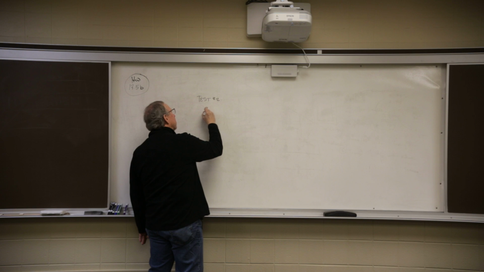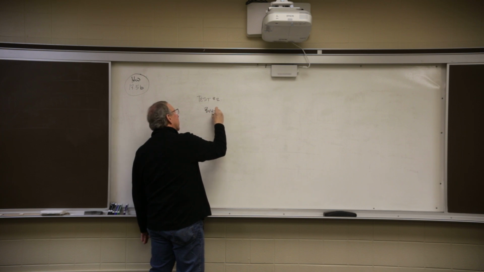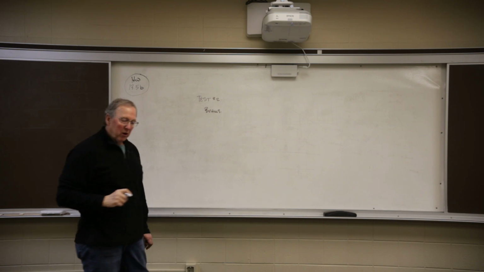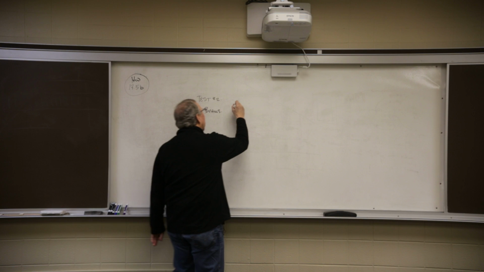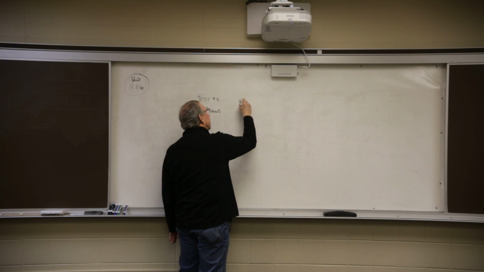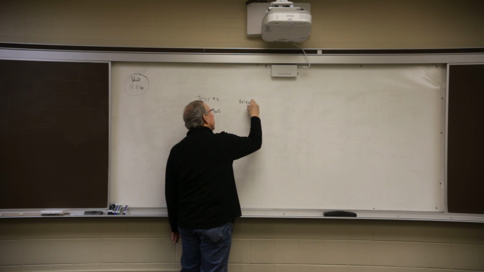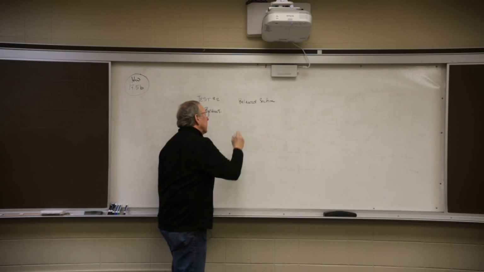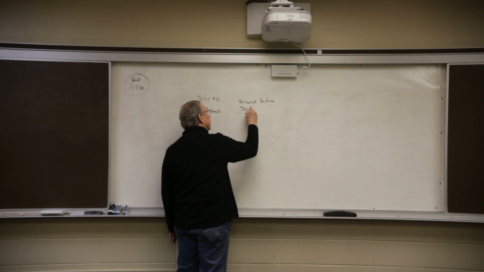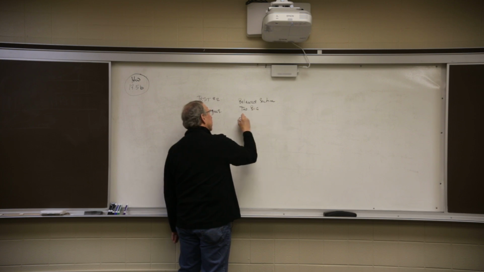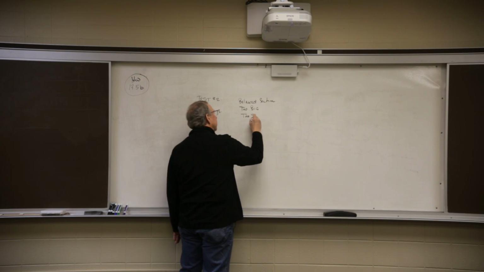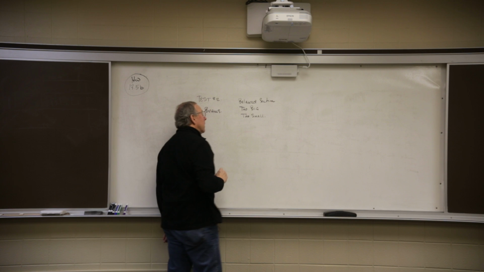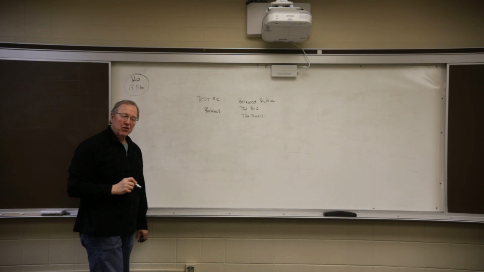That will be the beams. I think I drew them on the board before. The 3 beams are balance section, too big, too small, which takes care of the rectangular sections.